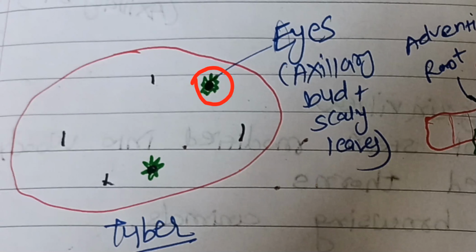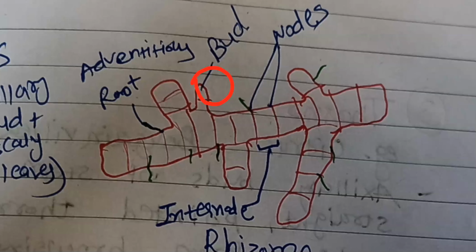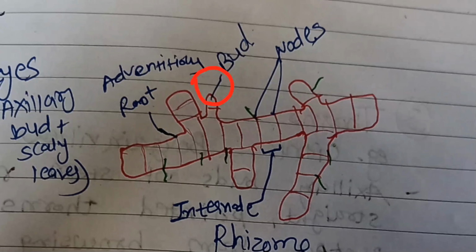Can you tell me? I have explained this thing in root. Why does this plant store food in the stem part? What is the reason behind that? Shreya, tell me.